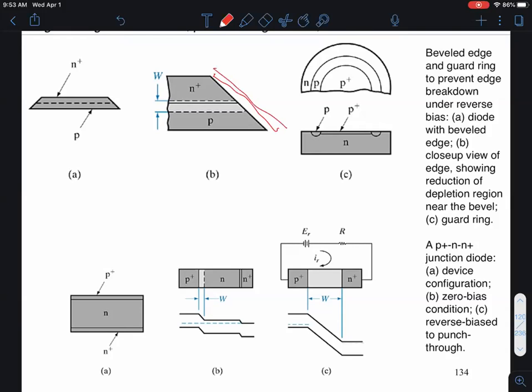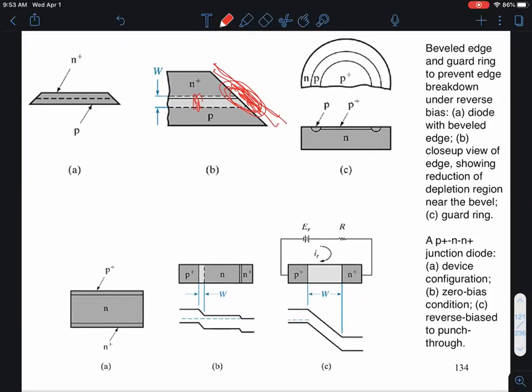And by grinding it, by so-called beveling the junction, you basically magnify the physical length of the depletion region compared to the vertical length. And if the length of the region increases, electric field times depletion width is the voltage. So you can kind of geometrically magnify the reverse breakdown voltage, okay?